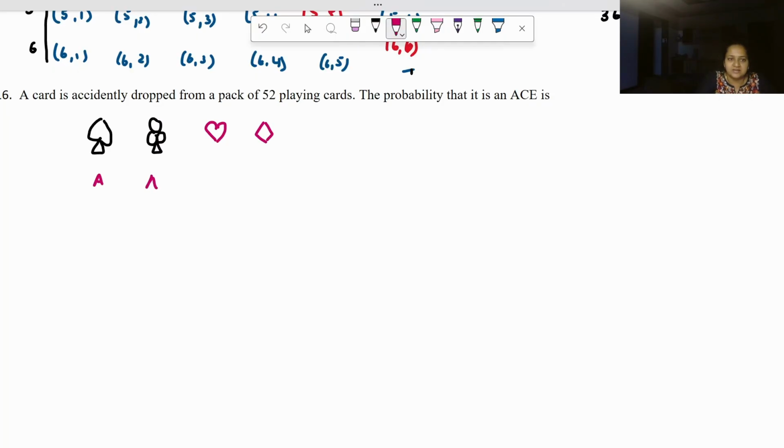We have an ace card here, an ace card here, an ace, and an ace. So we are dropping a card, and we are finding the probability of getting an ace card. Aces, we have 4. And total outcomes, total number of cards in the pack, 52. So what is the probability going to be? 4 upon 52, which is 1 by 13.